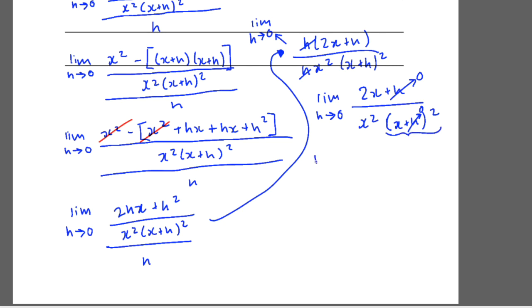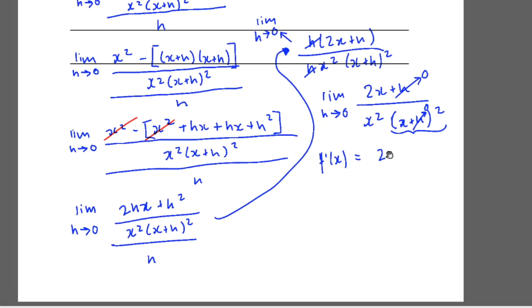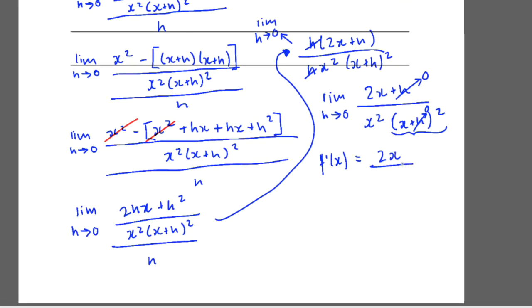So f dash x is equal to 2x on, well, we're going to have x squared times x squared, which is going to be x to the power of 4. Which gives us 2 on x cubed.